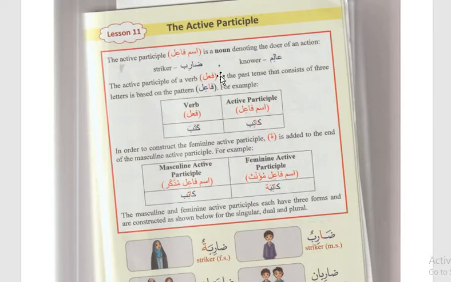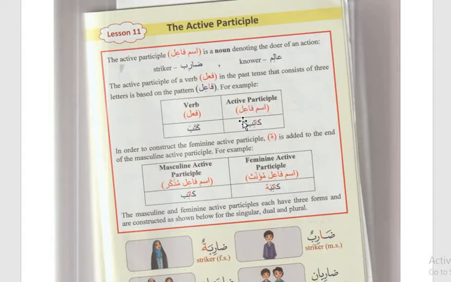Now, if I want to change this masculine active participle into the feminine form, like if the girl is doing the strike, or the girl is the knower, or the girl is doing the writing, we cannot say katib or alim or darib. No, we need to make a change. What is the change? We add ta marbuta to the masculine active participle.